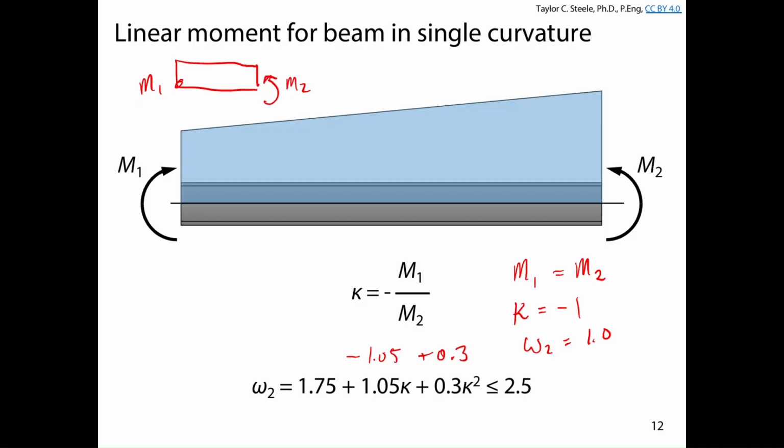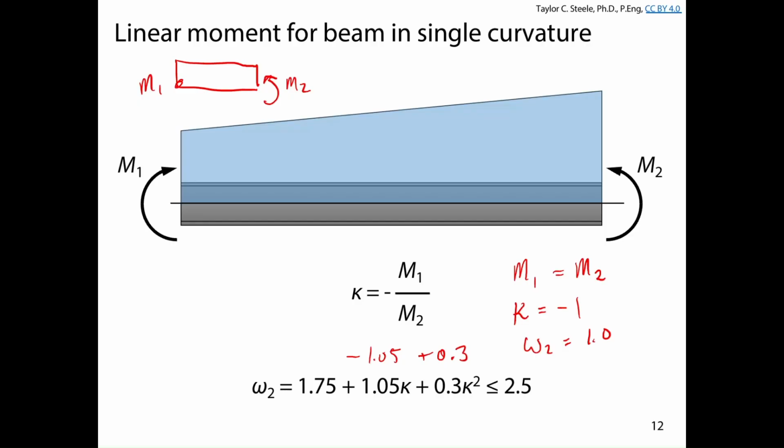What about other values of kappa? If kappa was 0.5, or basically if M1 is less than M2, is omega 2 going to start to get bigger or smaller compared to the case of M1 equal to M2? What about M1 equal to 0? If we had a 0 moment at the left-hand side and a moment of M2 at the right-hand side, kappa is going to be 0 in that case.